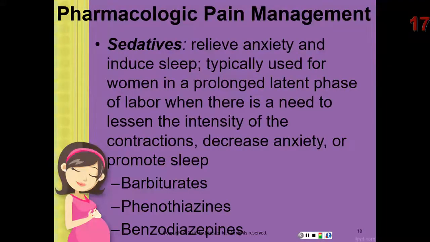Okay, pharmacologic pain management. We give sedatives sometimes. Usually sedatives are given to relieve anxiety, induce sleep. Sometimes women have a prolonged latent phase. Now think about what is the latent phase. First stage of labor, the latent phase is that early phase.